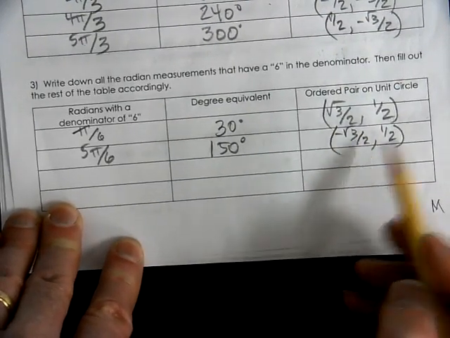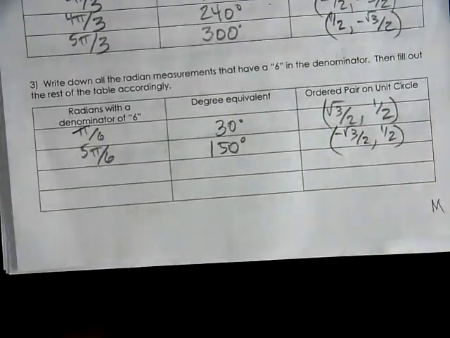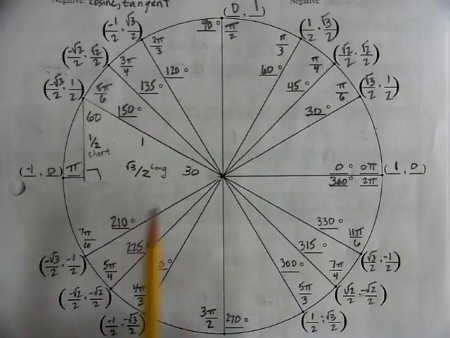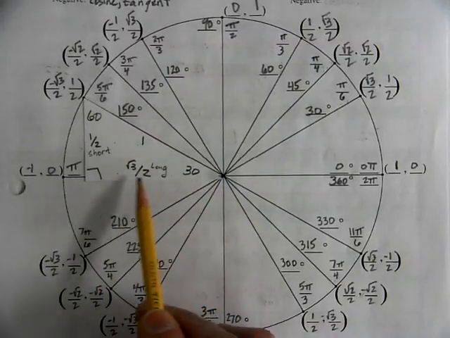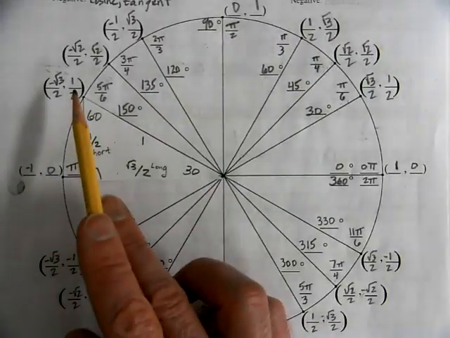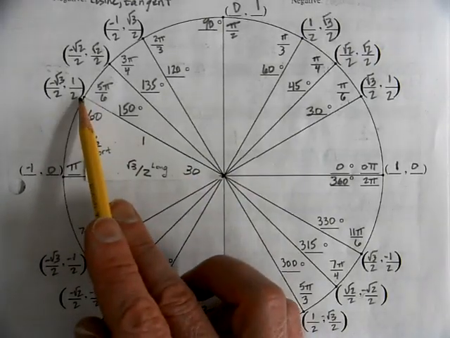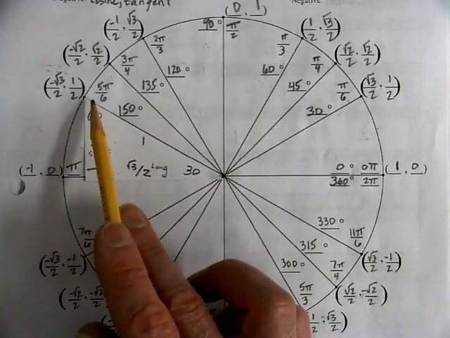Long is always root 3 over 2, short is always a half. So when you visualize that, long is to the left because we're going over almost all the way, and up a short way to get to this 150, or 5 pi over 6.